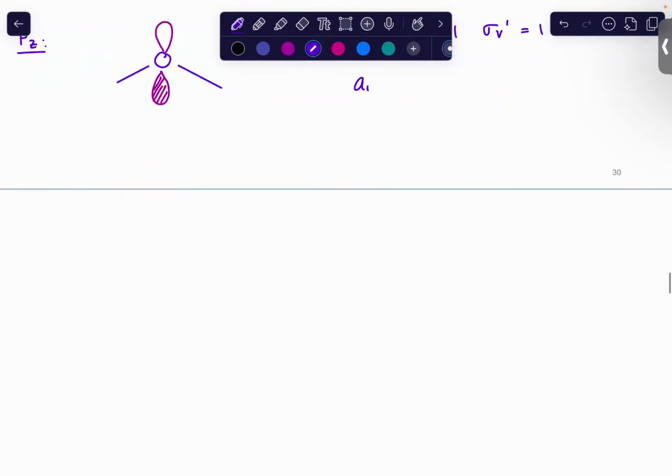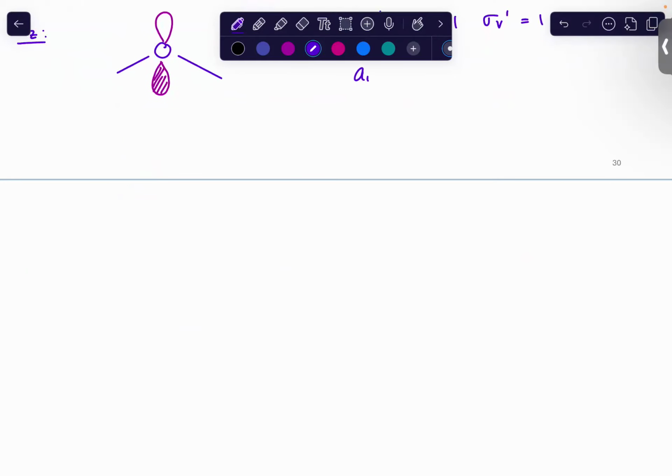Okay, let's look at the other two now. Let's do PX. Let's have X. So we're thinking of an axis like this.